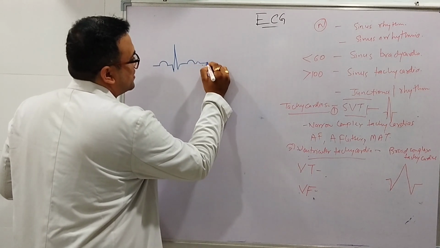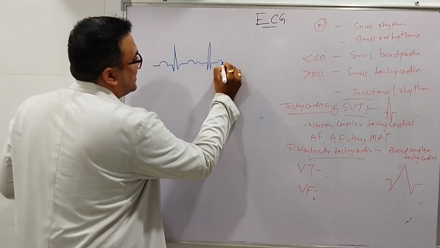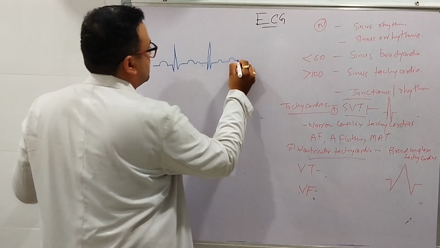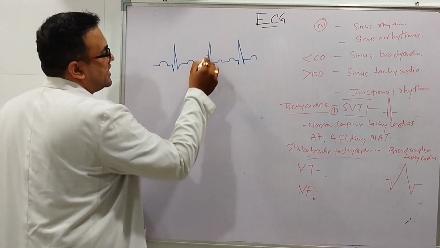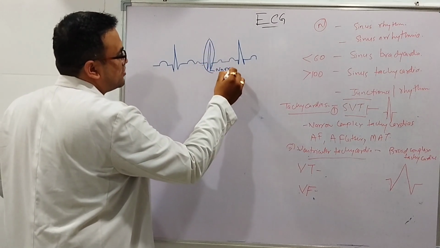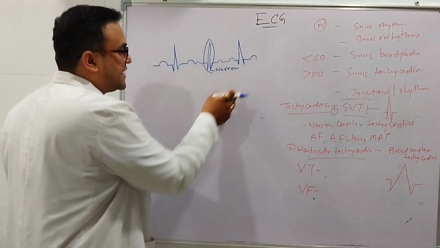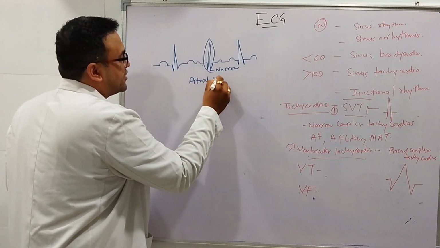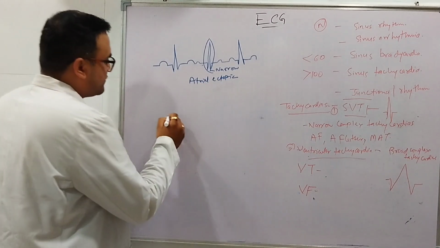Then there is a narrow complex, narrow QRS, then T, and it is followed by a normal P, QRS, T. The QRS is not wide, it is narrow. There is a P followed by a narrow QRS, followed by T. This is known as atrial ectopic or atrial extrasystole.